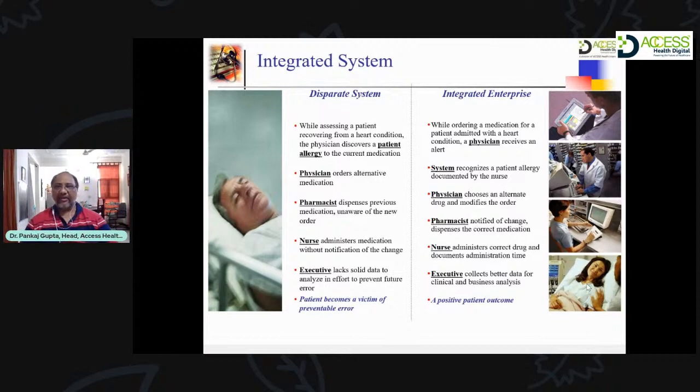Some of the standard interfaces we have defined, and you will learn in subsequent lectures. If that standardization is done, only then can you achieve an integrated enterprise and have a good outcome. Otherwise, there are very good chances that CPOE and BCMA will completely fail if the systems are not integrated.